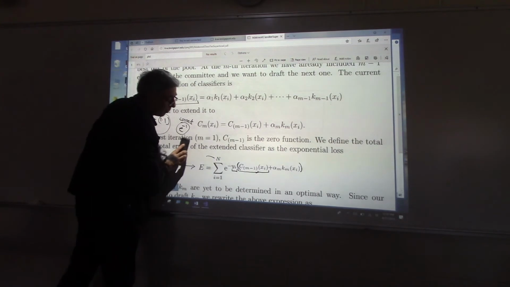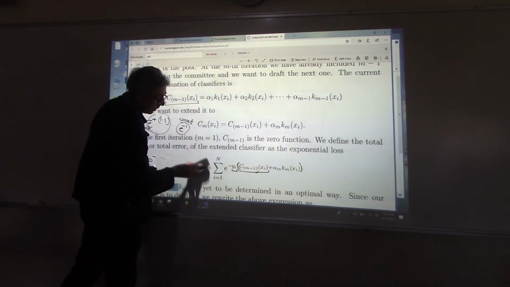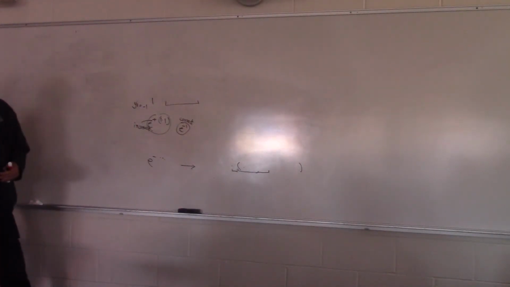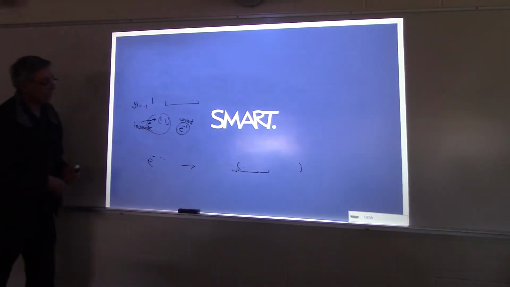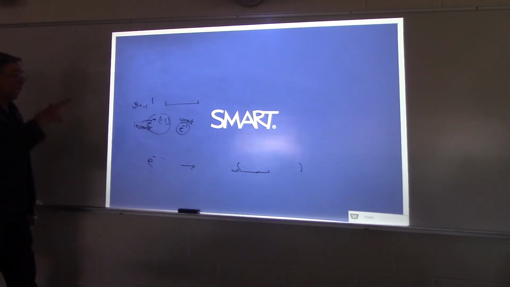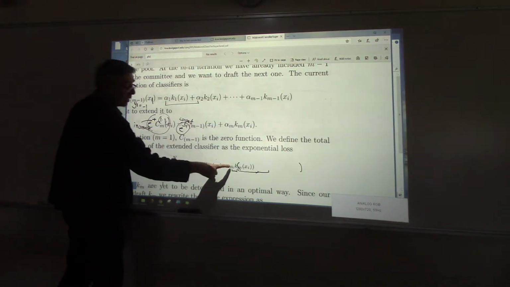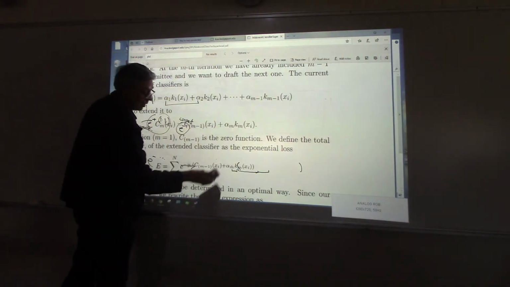Okay. So that i is basically like an index pointing to either a 1 or a 0 in a set of data, right? Yeah, so the i index is iterating over the set of data. The m index is the classifier number. Correct.